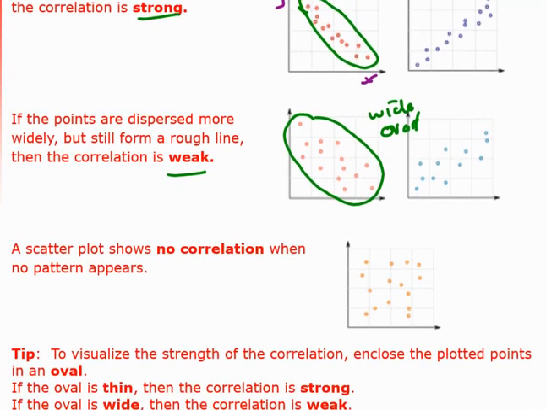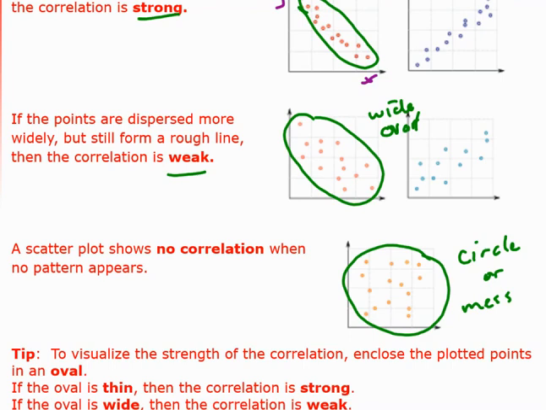Now, what if the oval is so wide that it becomes a circle or a big mess, in other words? Well, there's no correlation. In other words, we're testing two things that have nothing to do with each other. Like the time of day and the color of the car driving by. There's no correlation to that. Okay.